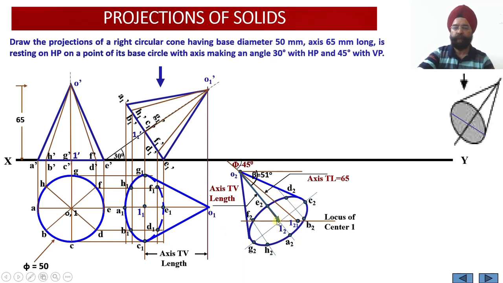Just see from here 1 2', G2 and C2 at 0 distance they have been located. Then from point 2 and point 4, I'll draw this vertical distance. I'll measure only one distance. This is equal to this. Similarly, this is equal to this and this is equal to this.